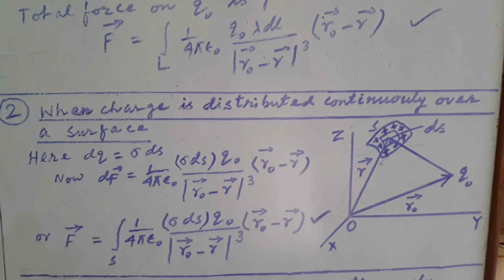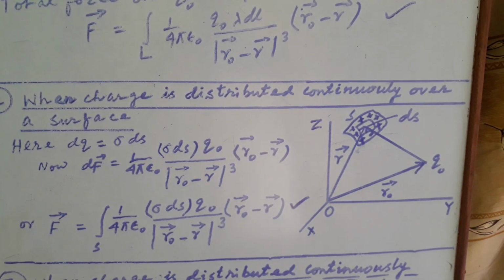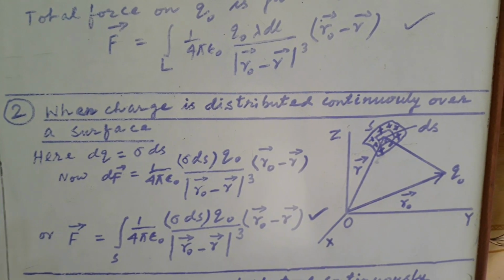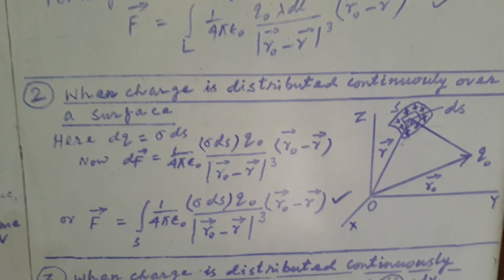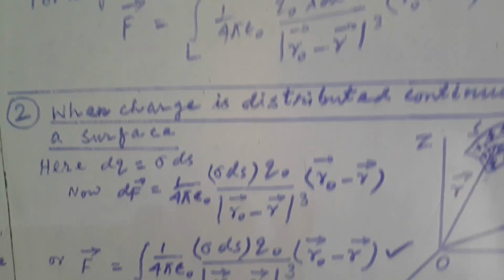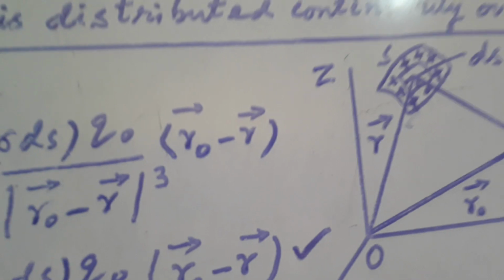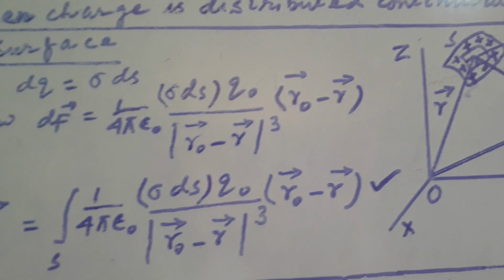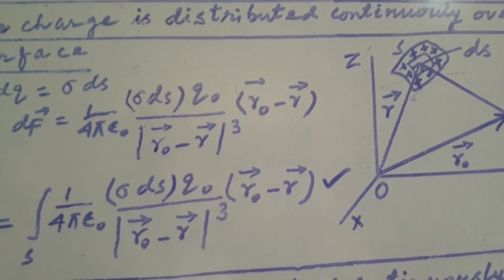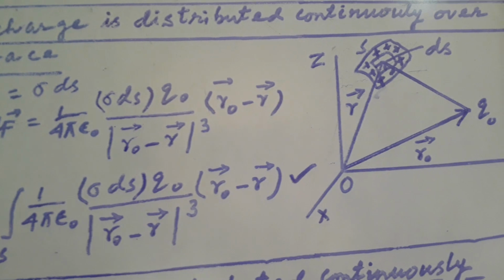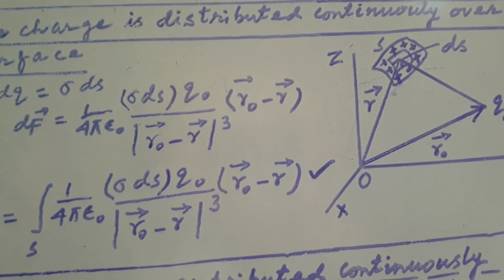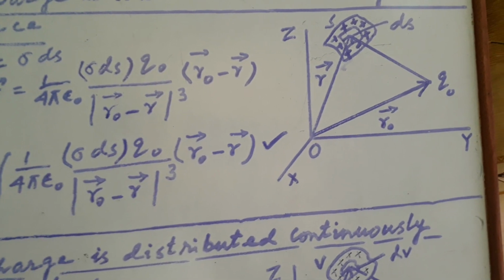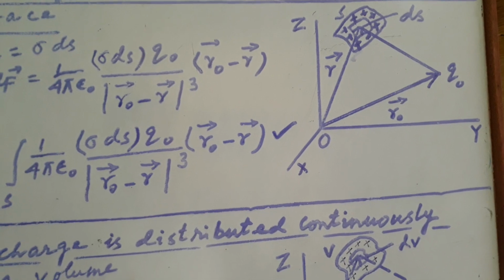So in case 2, when charge is distributed continuously over a surface. Now look at the figure. This is a surface S, and a small surface element dS I have considered here, and the position vector is r, and the point charge q naught, its position vector is r naught.